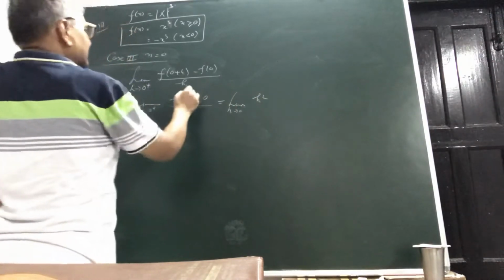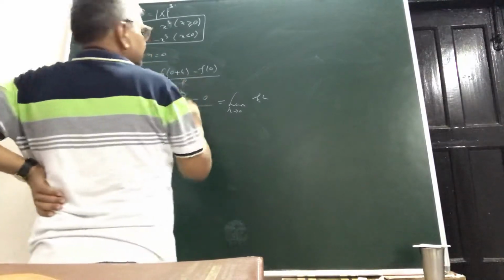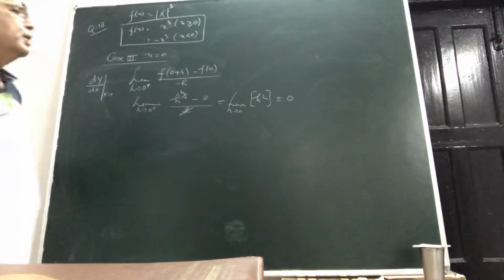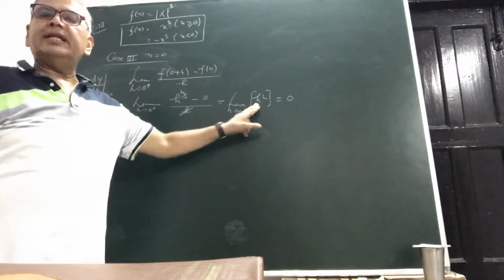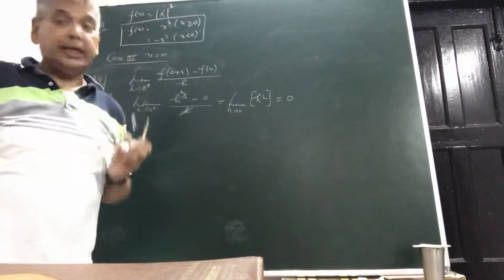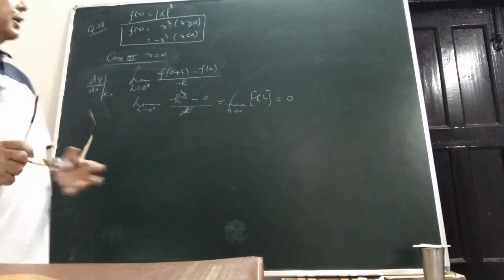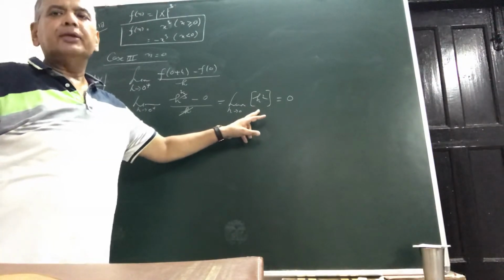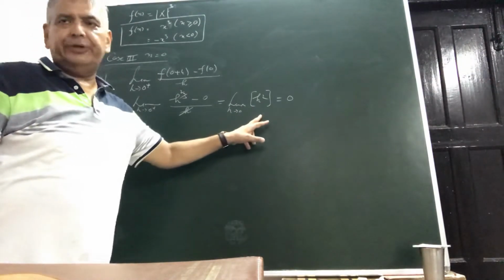One h will cancel here and you will be getting only h square, so this is 0. Because this is a polynomial, and a polynomial is always a continuous function, the limiting value there will be equal to its functional value. So you are justified in putting 0 in place of h.